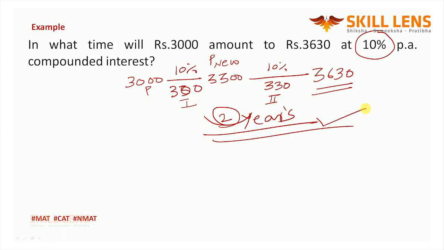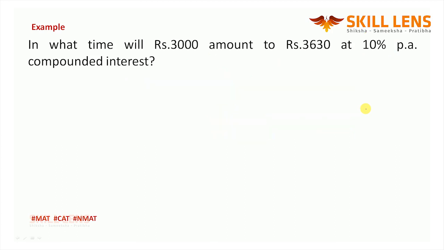These kind of questions have been asked in MAT and CAT. Okay, so please concentrate on these kind of questions, the reverse way of asking questions. How to answer this with the formula? 3,630, which is the amount, is equal to P into (1 plus R by 100) whole power N. What is the principal? 3,000.